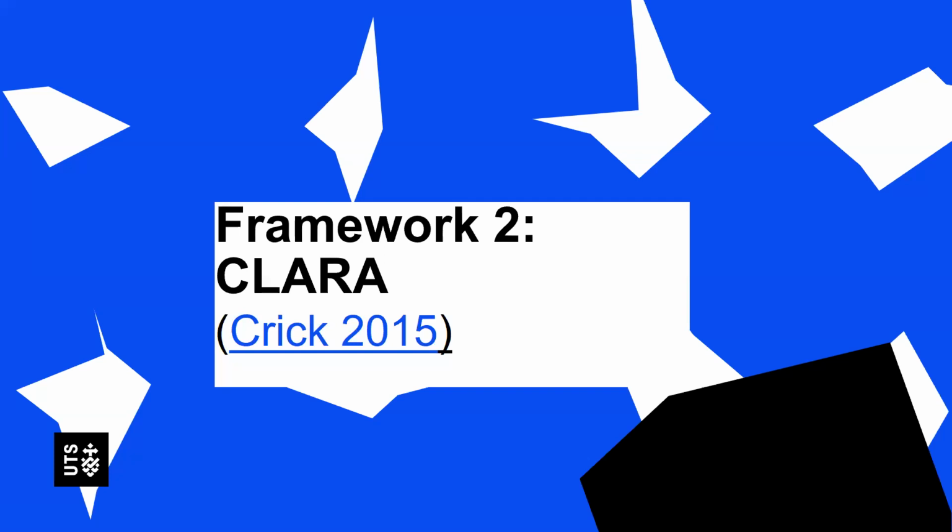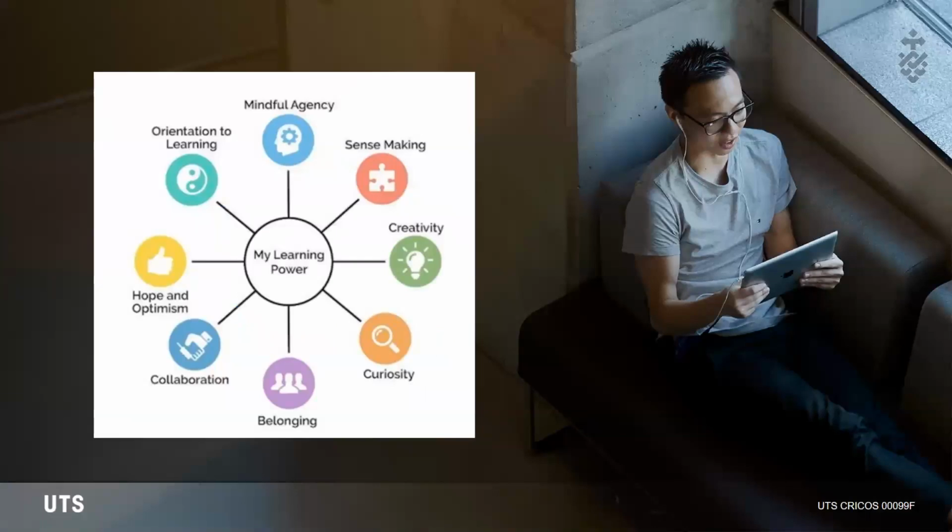And the various dimensions of it look like this. So these are the various aspects of an individual that Crick is saying need to be strengthened if someone's going to be the best learner they can possibly be.